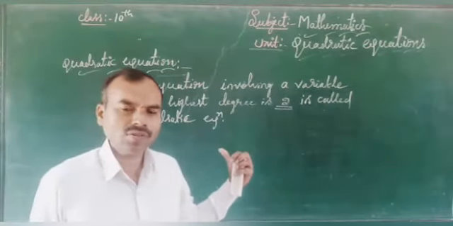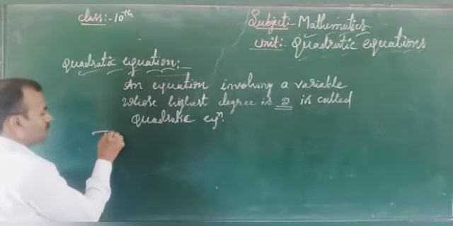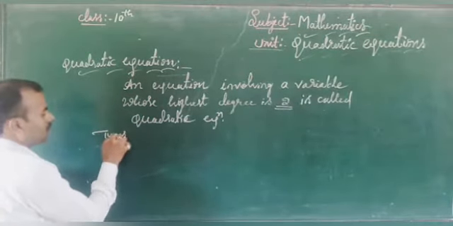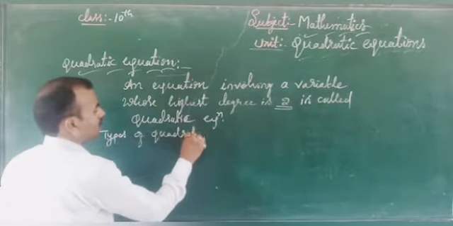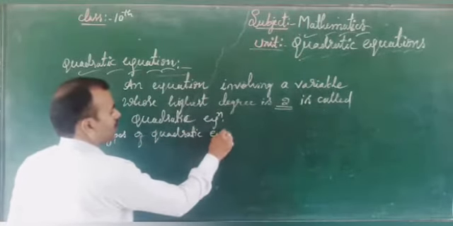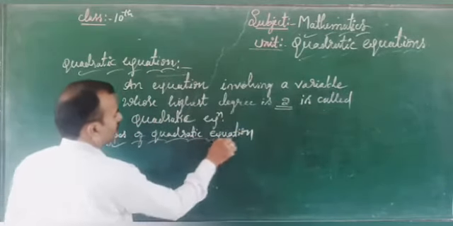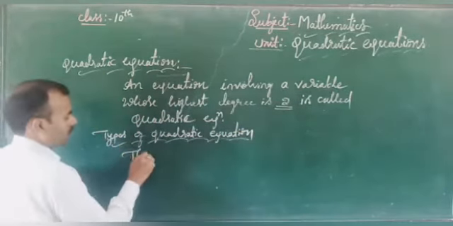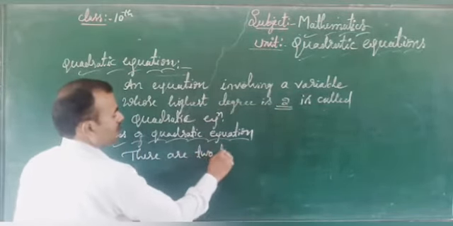In the quadratic equation, there are two types. First, write the heading: types of quadratic equation. There are two types.